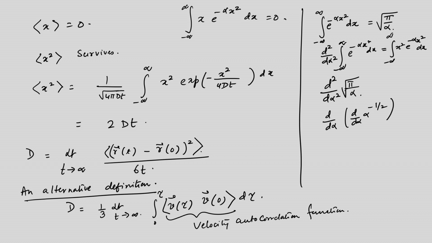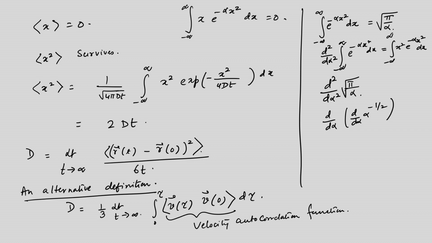So, as the particle drifts away from its initial position, how the velocities are correlated, one has to take a correlation of this kind and then calculate this. Of course, we have not discussed in detail how these correlations are done, but at least one should know that these velocities at time t etcetera can be computed from the MD simulations, and of course, V of 0 has to be specified at the beginning.